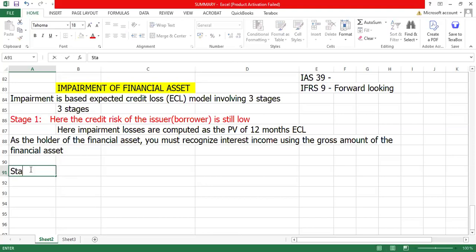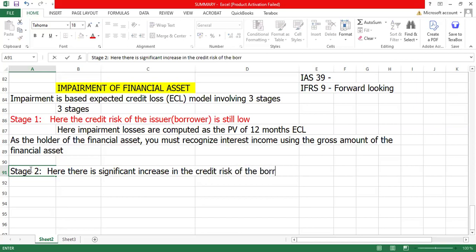Stage two: here there is a significant increase in the credit risk of the borrower, or what we call the issuer. In an exam, we have to use one word. You just put issuer.